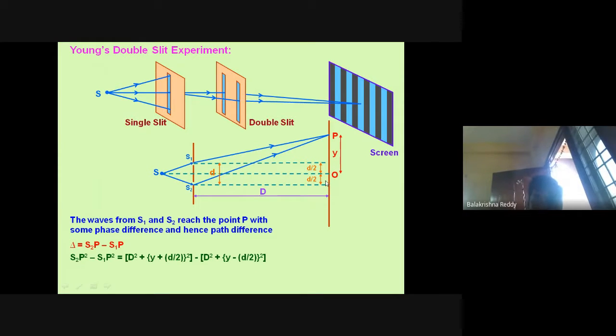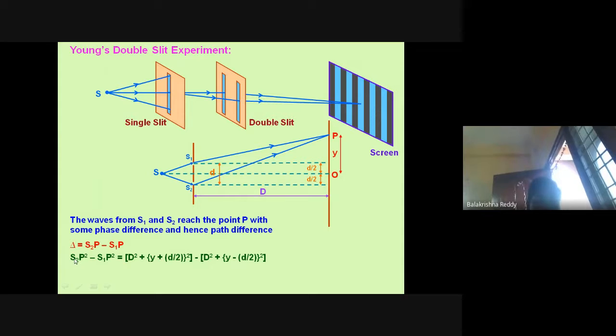So therefore I can write S1P square minus S2P square equal to, it gives me the base d square, and y plus d by 2 whole square, this minus base d square plus y minus d by 2 whole square. This is mathematically what we can write from the Pythagoras theorem.